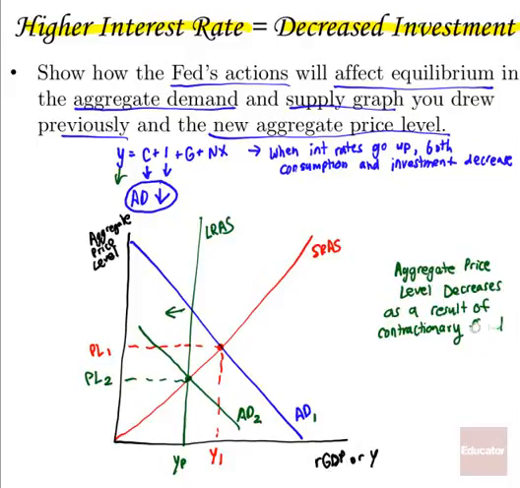No, not fiscal, I'm sorry. Contractionary monetary policy, and aggregate output decreases. Okay, so basically you have this situation that we've seen here.